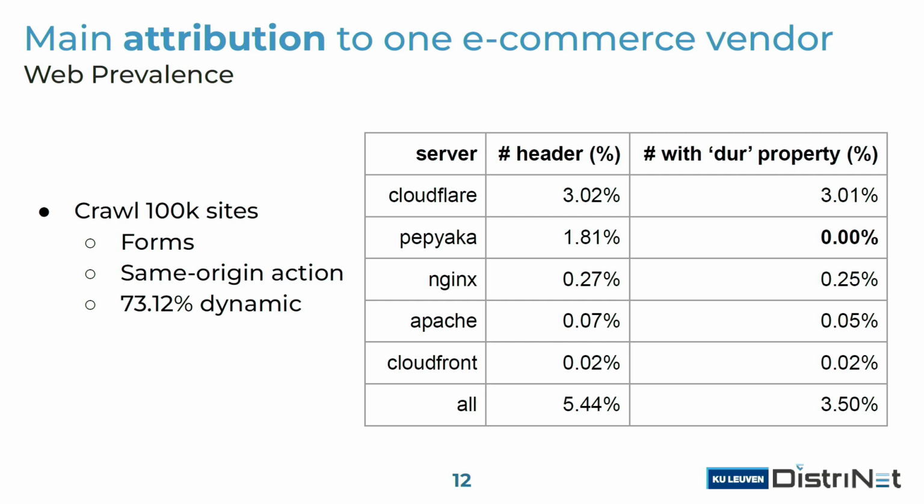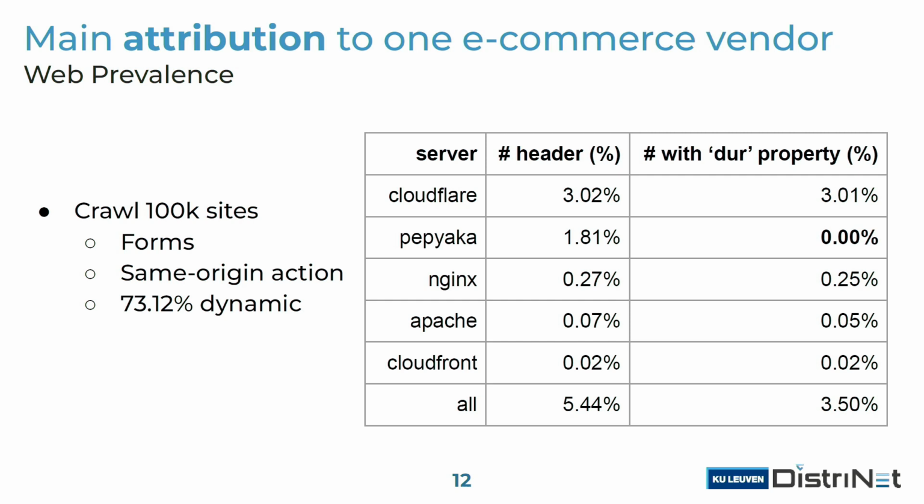So what we did, to get an idea, is we went out to 100,000 sites, we crawled them, and we saw if they had forms embedded on them. If they had, we looked if they had a same-origin action for POST requests, meaning that if you submit some data, it will be submitted to that same site. And it's actually this domain or this website that is processing your information, not some third-party service.